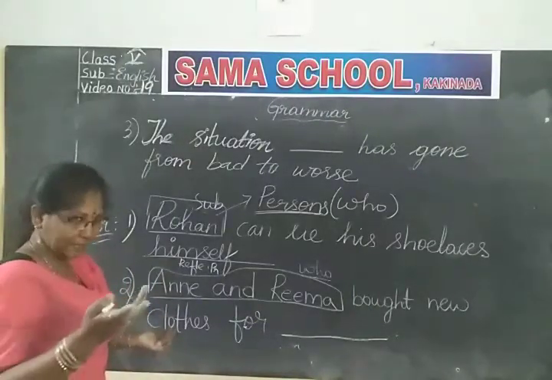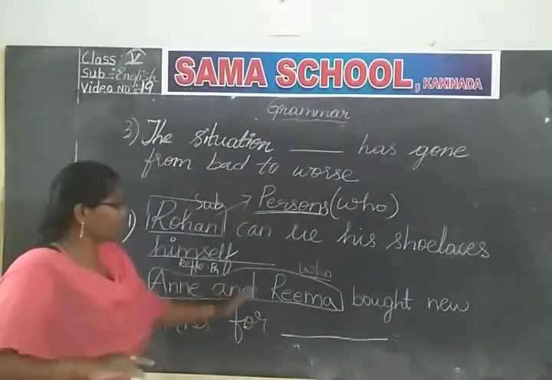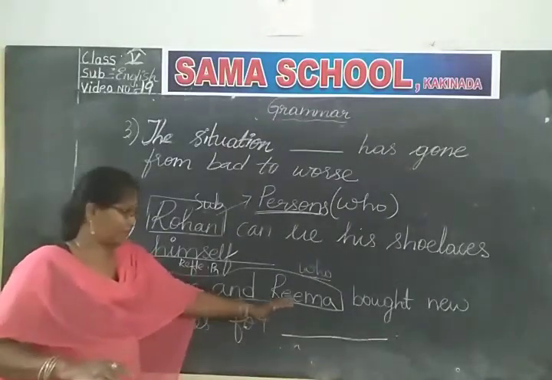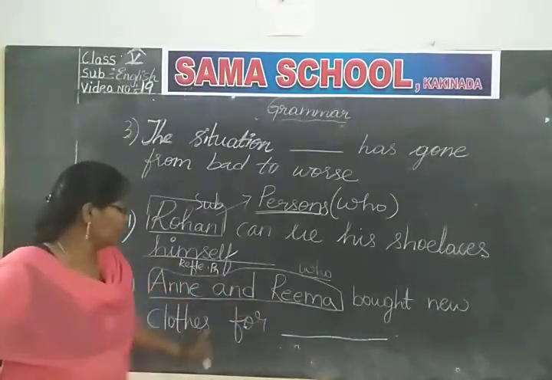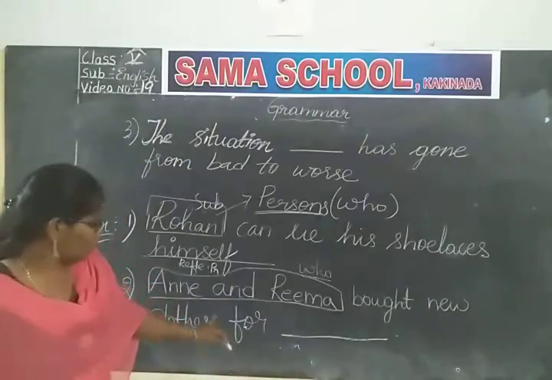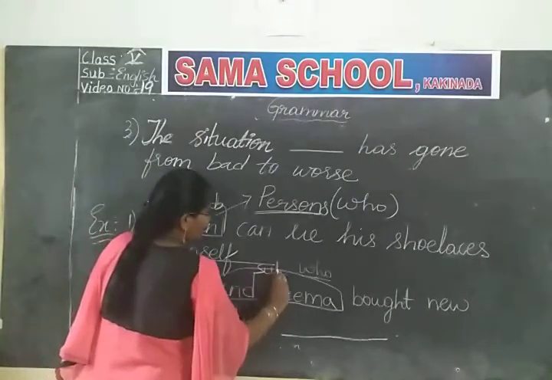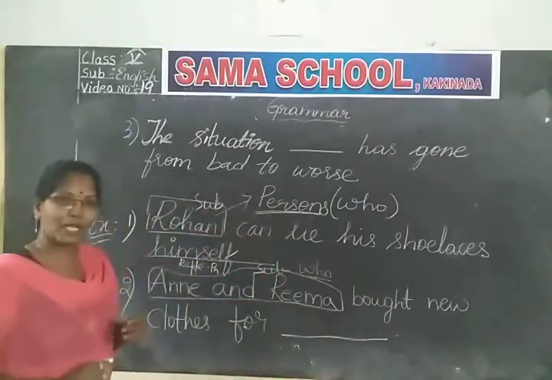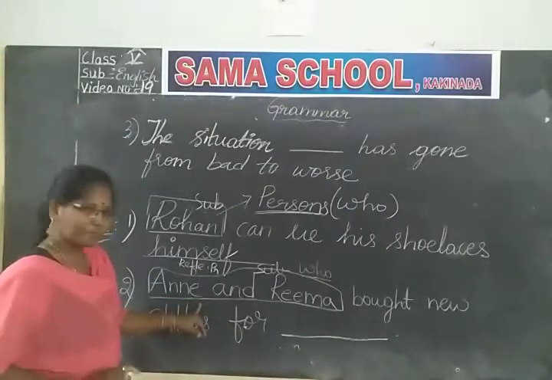Keep that secondary; keep the gender aside. But both are nouns, a plural noun. So the question is: who bought new clothes? The answer is Annie and Rima. So Annie and Rima are the subject.